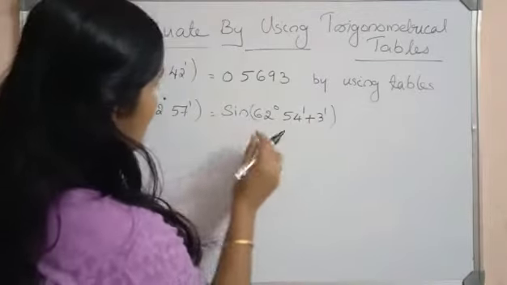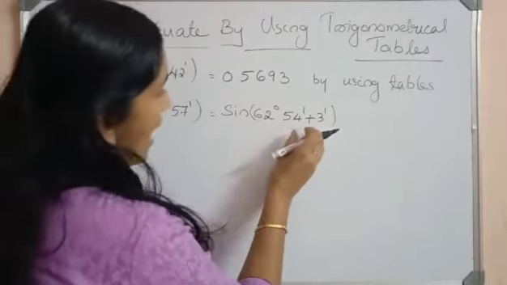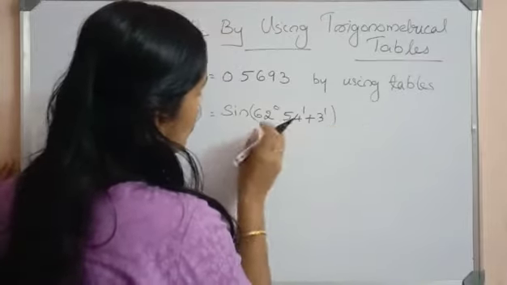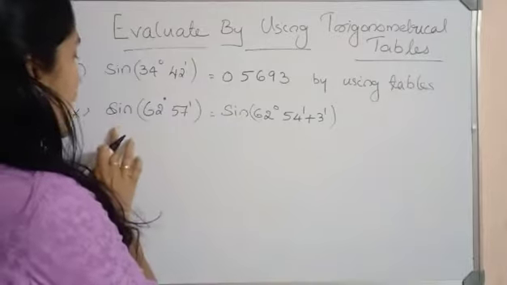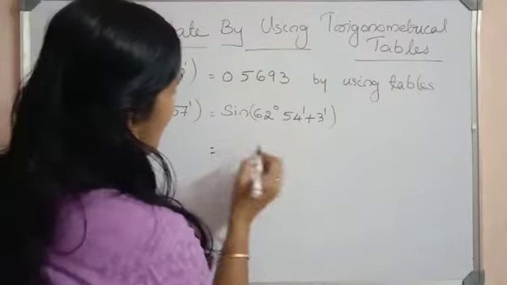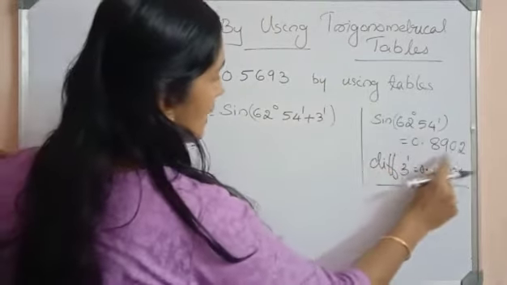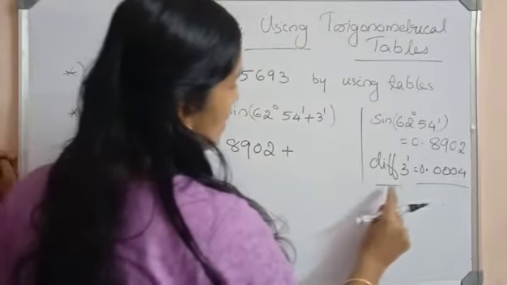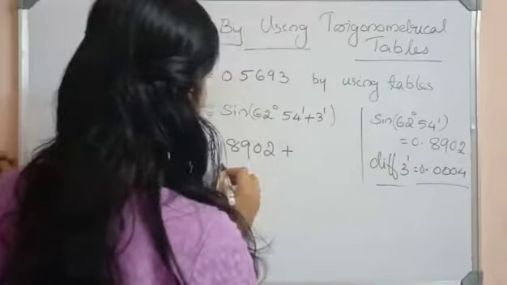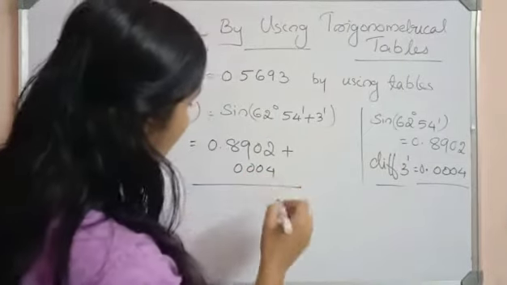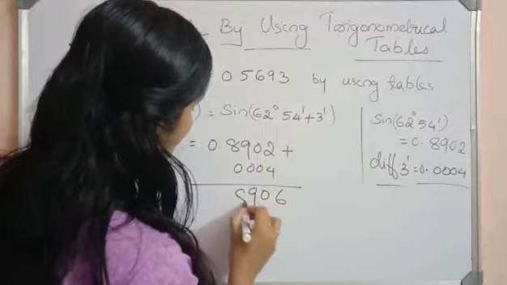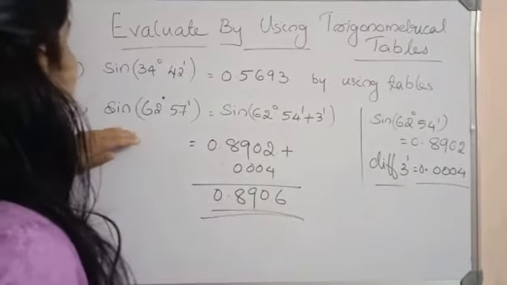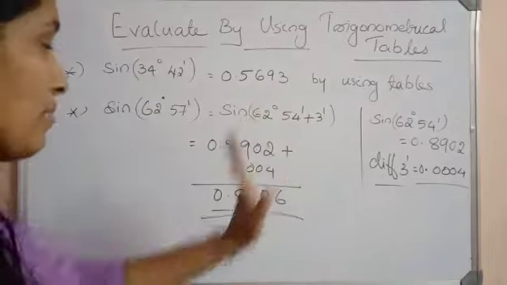Let's find the value of sine 62 degree 54 minutes, and from the mean difference we can find the value for 3 minutes, and add the two. From the table, sine 62 degree 54 minutes is 0.8902, plus the difference 0.0004. Adding these two, we get 0.8906. This is the value of sine 62 degree 57 minutes.